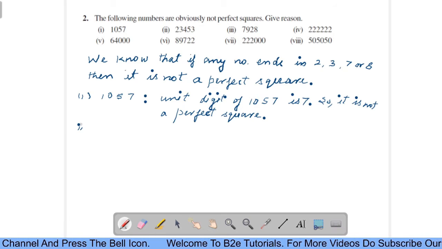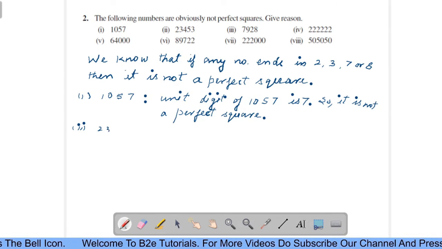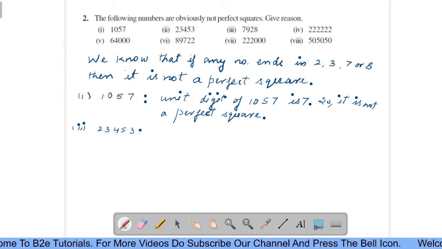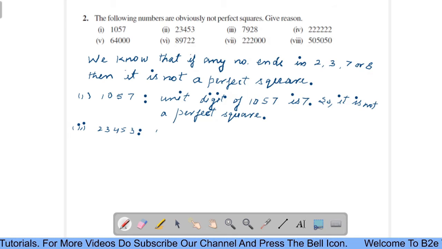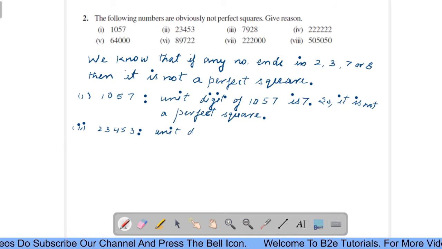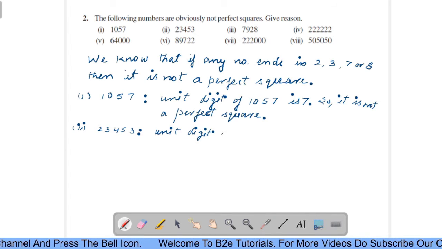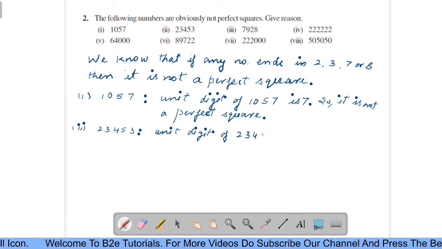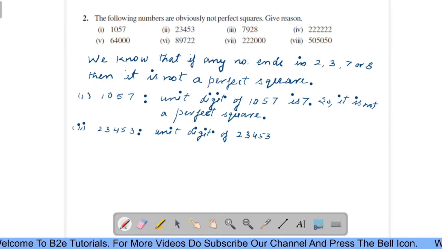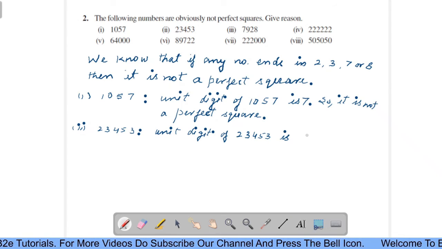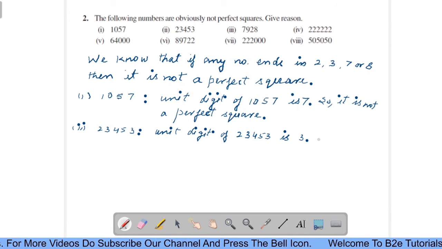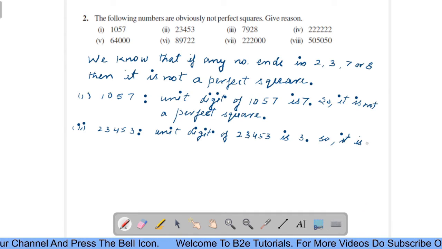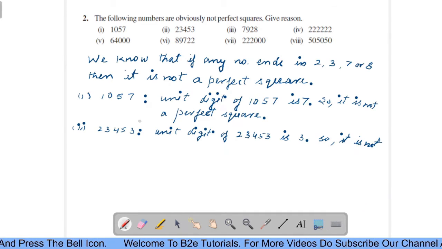Second part, 23,453, the unit digit of 23,453 is 3, so it is not a perfect square.